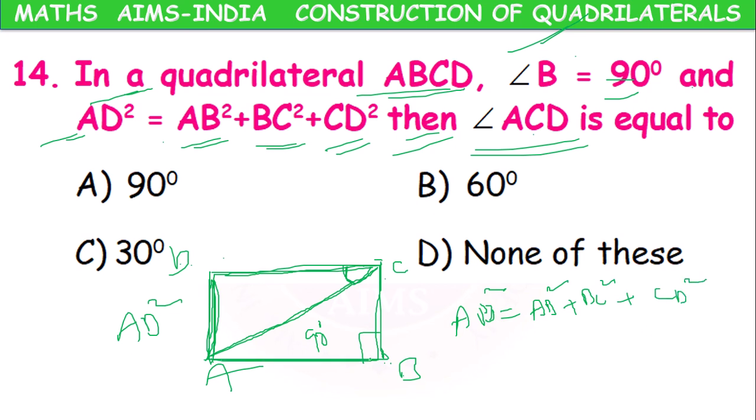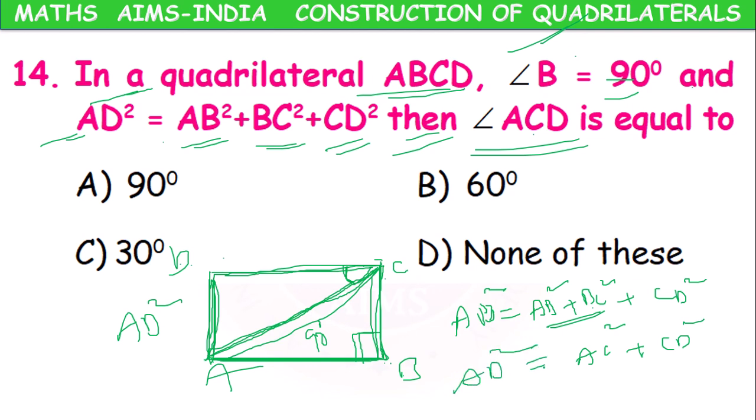But AB square plus BC square equal to AC square. Why? Because this is a right angle. So according to Pythagoras theorem, in the place of AB square plus BC square, we can take AC square. So AC square plus CD square.